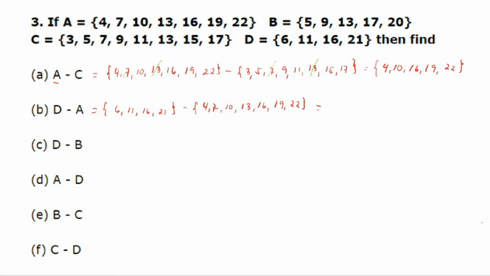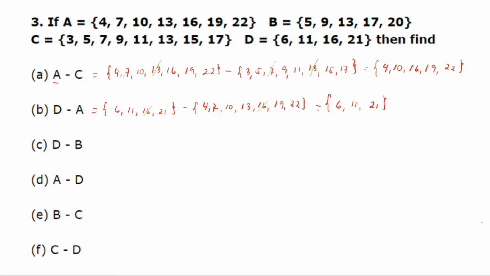So I'll start with 4, so I have nothing to be canceled with here. 4, 7 is not found here in the set D. 10 is also not present in set D. So 13 we cannot. 16, so we can cancel 16. So that's the only thing that we can cancel. So therefore, D difference A, whose elements now are 6, 11, and 21.